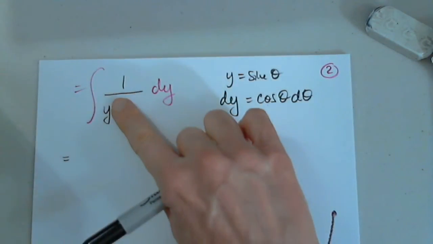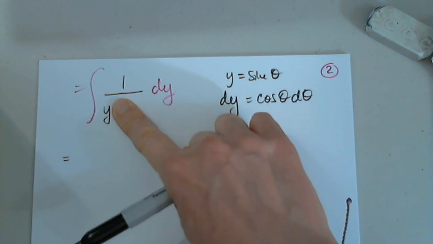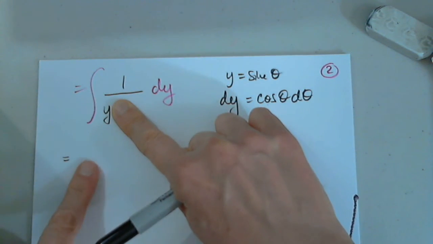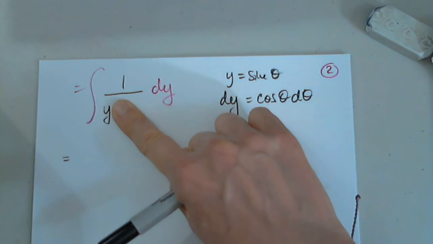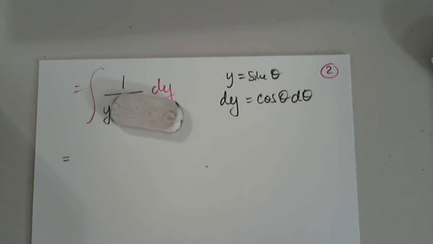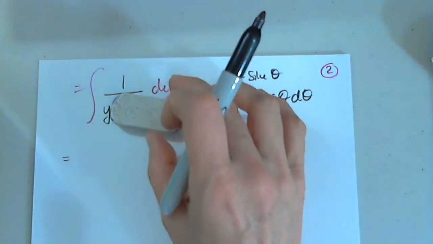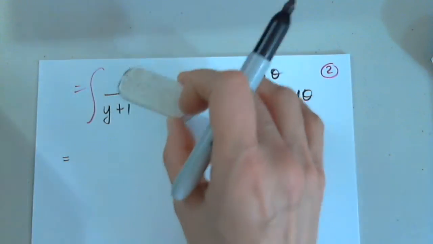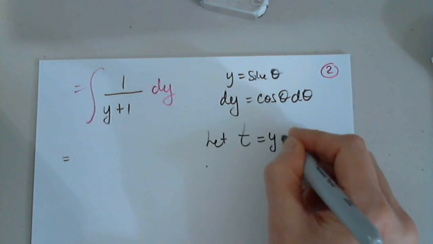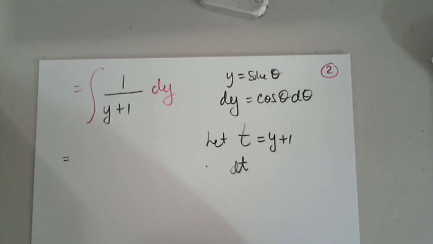But since it's not just y, I'd like to go through one more step. If I had just 1 over y, what would I write? What function prime is 1 over y? Natural log. Exactly, natural log of the absolute value of y. So don't jump a step, because this is very important. I will say now, let t be y plus 1. How much is dt?